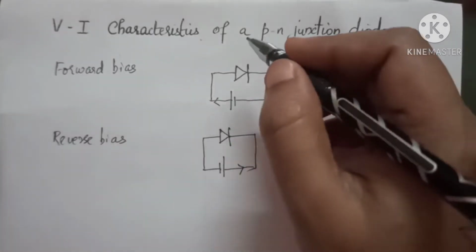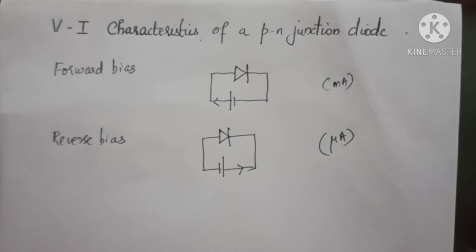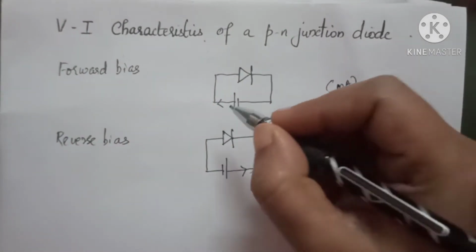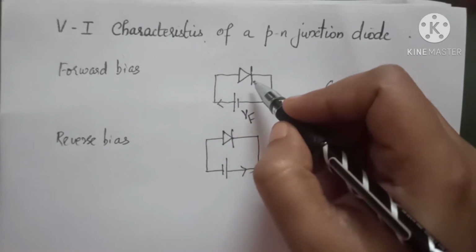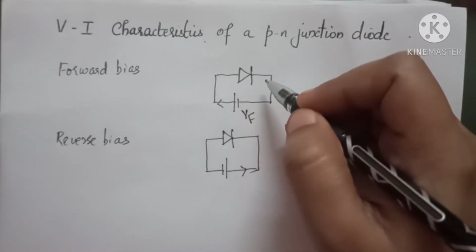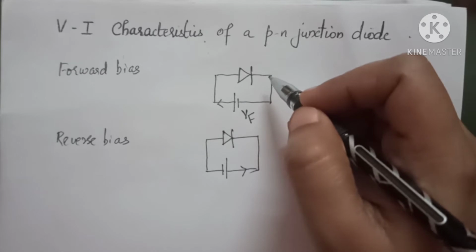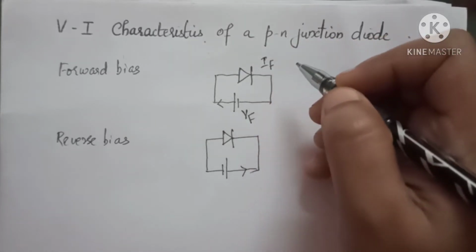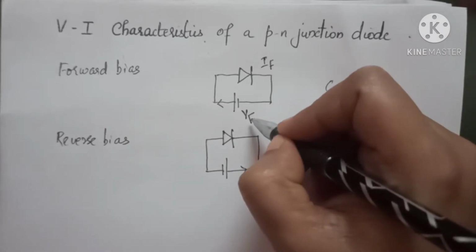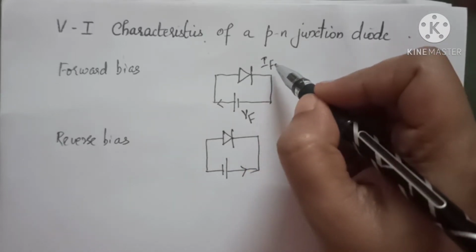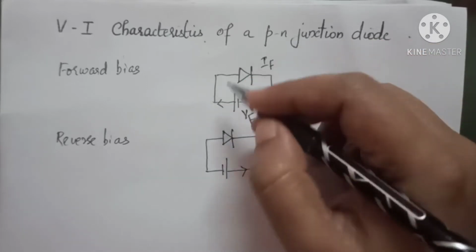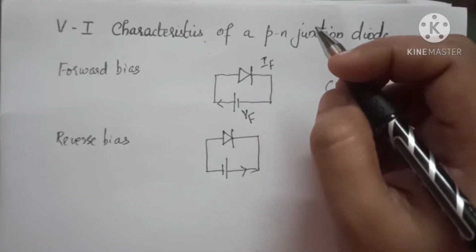Let the voltage be Vf, the forward voltage, and the current produced is the forward current, If. So Vf is the forward voltage and If is the forward current, as a result of forward bias in a PN junction diode.